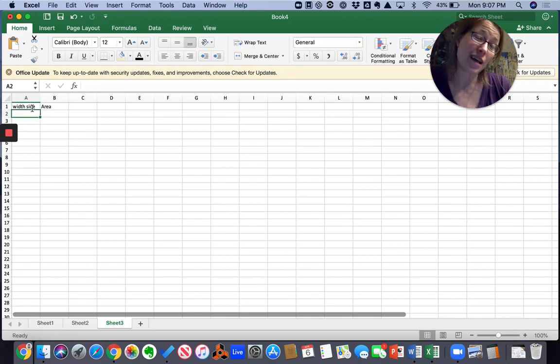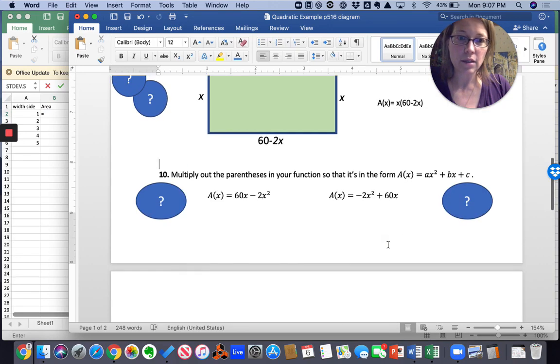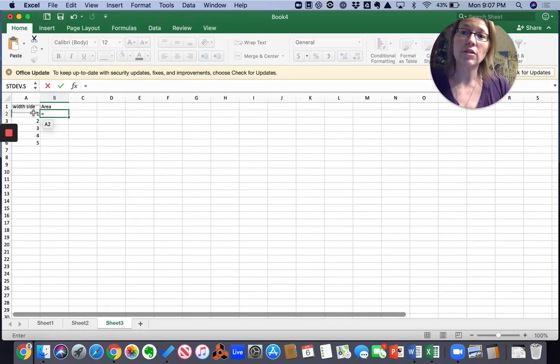Since it's Excel and we can just pull down, we might as well just go 1, 2, 3, 4, 5. And so our formula, let's recall that real quick: negative 2x squared plus 60x, and x is the width. So it's whatever's in this column over here, that's going to be my x.